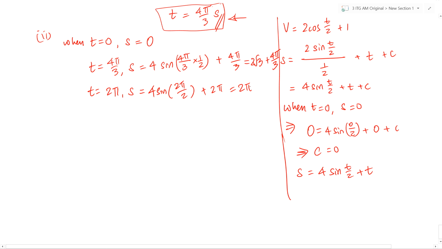Now we are ready to sketch. We always use the displacement axis. We start at 0. Time equals 0, displacement is 0. When time is 4 pi over 3, our displacement is 2 root 3 plus 4 pi over 3.